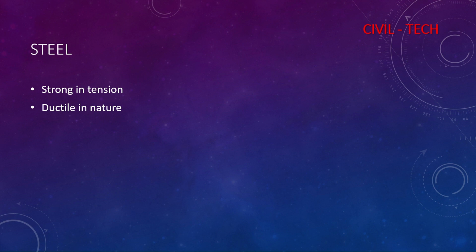If our building is brittle in nature, it won't give any alarm before failing. But if we use steel in a structure, it will give an alarm, like small cracks in the structure, like small bends in the structure. These are all the symptoms the steel can give, but the concrete won't because it's brittle in nature.